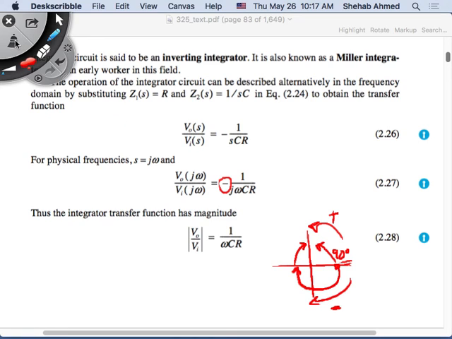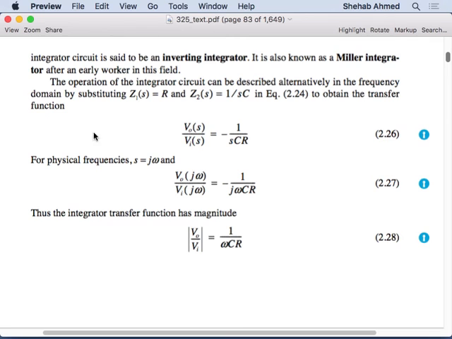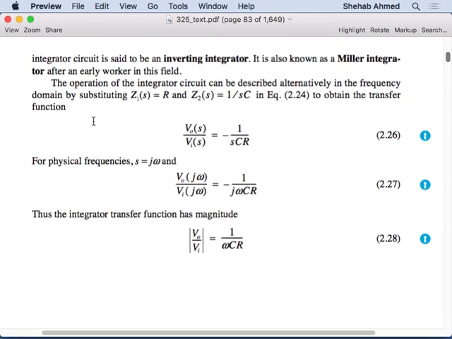So the 180 degrees is a negative; it doesn't add 180, it subtracts 180. It flips it by 180.